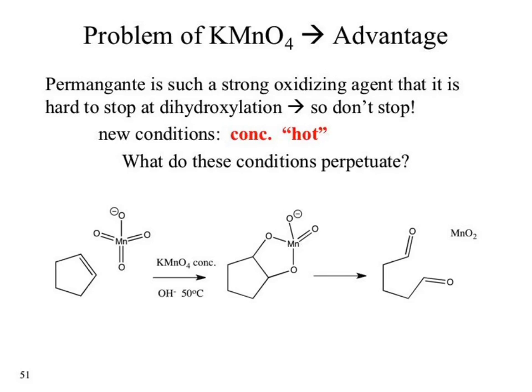Heat is used in particular to break bonds. What bonds are you breaking when you're adding that heat? The sigma bond, and in particular in the elimination reaction, the carbon-hydrogen bond. Why do we need heat to break the carbon-hydrogen bond? Because it's a relatively strong, non-polar bond. That's a hard bond to go through and break.